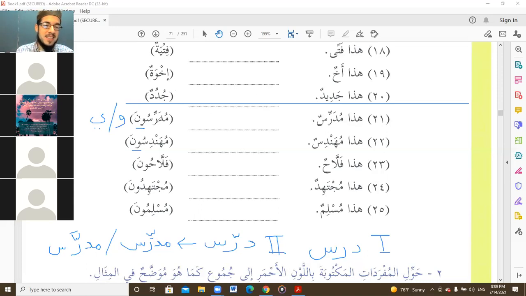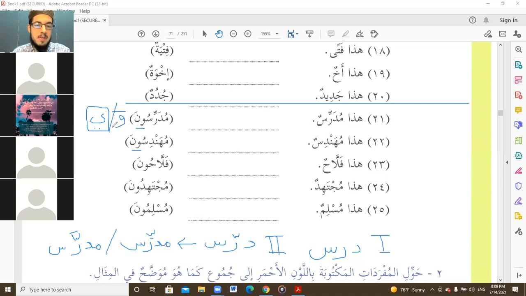Mu'minun, mu'minin. Like when we say, Allahumma ghfir lil mu'minina wal mu'minat. Oh Allah, forgive the believers, men and women. Mu'minin. Why is it mu'minin and not mu'minun? Because it's in a different case. It would be mu'minun, but then it goes to mu'minin if it is genitive or accusative.